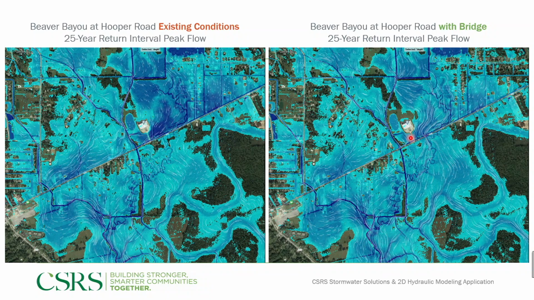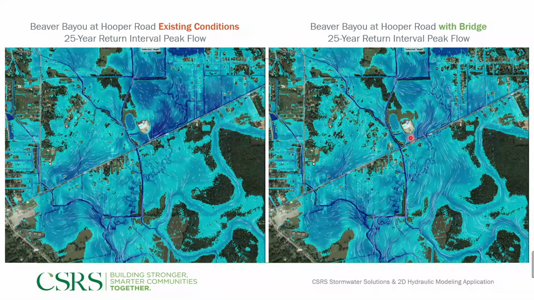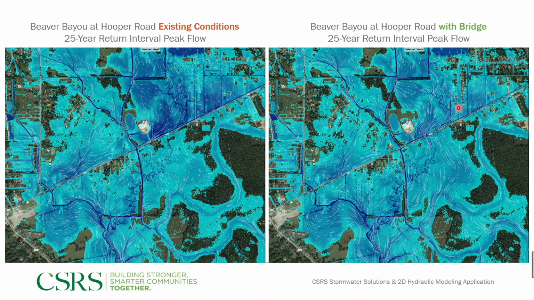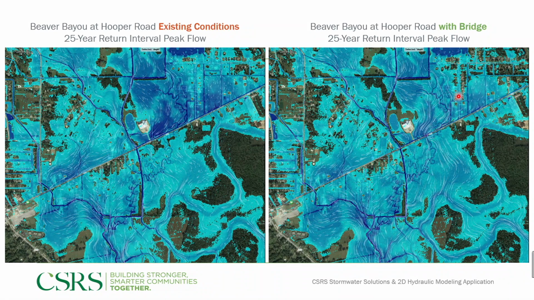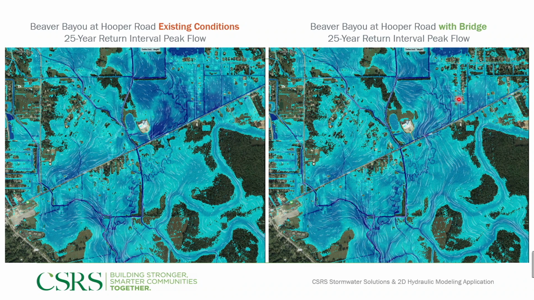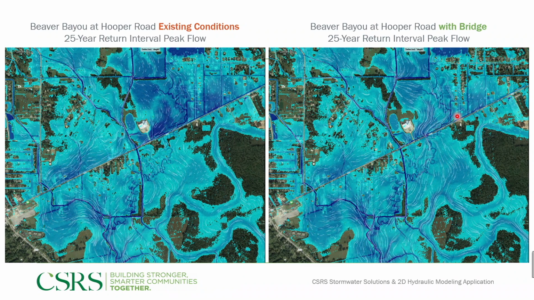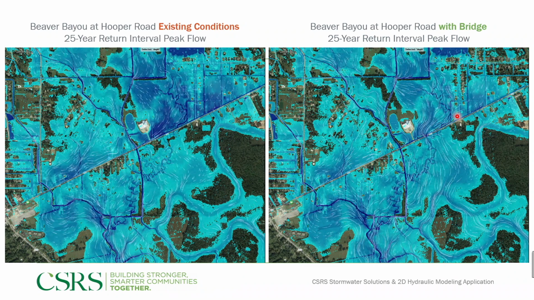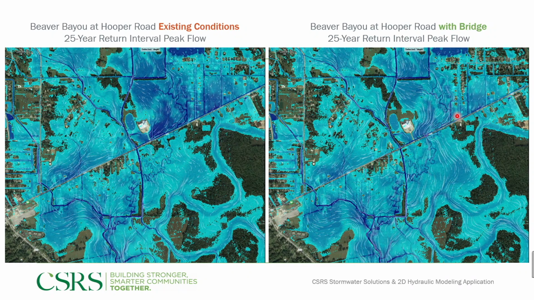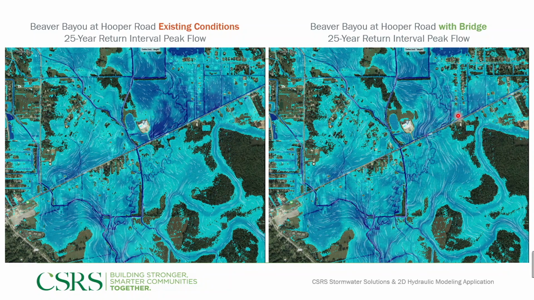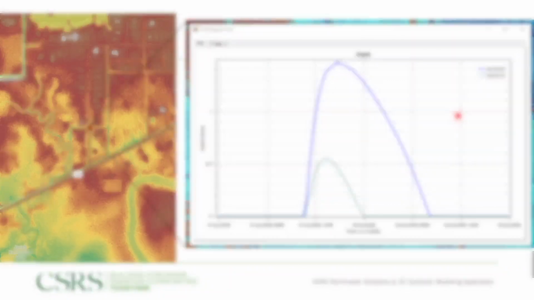Some of these properties are not flooded anymore based on the blues, but this roadway still looks a little flooded.